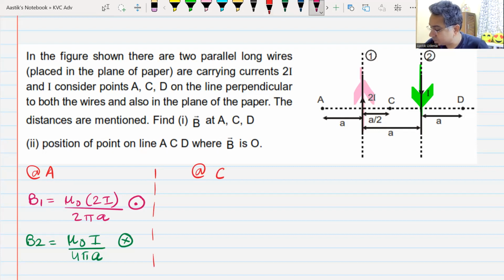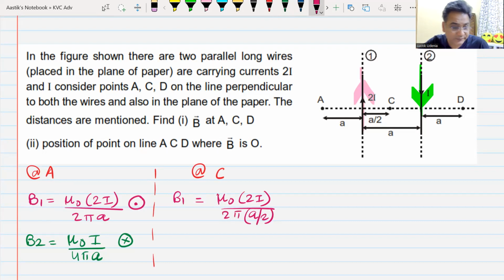At point C, what is the magnetic field B1 due to the pink wire? Mu naught I by pi a, sir. Mu naught into current 2I divided by 2 pi into a by 2. Do we understand this? Yes, sir. And the direction is into the page. Magnetic field due to the second wire will be?